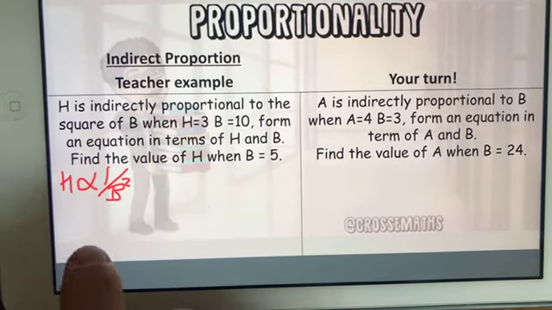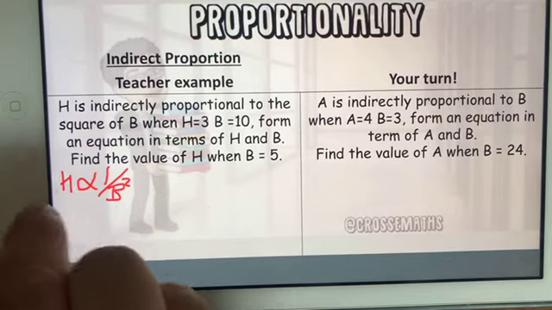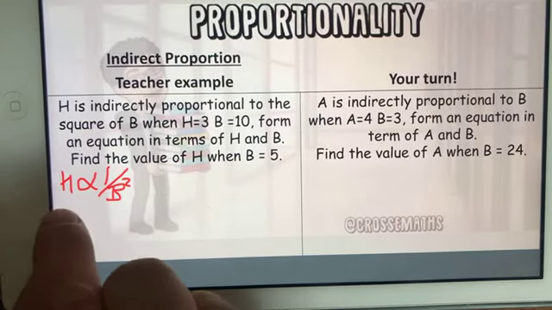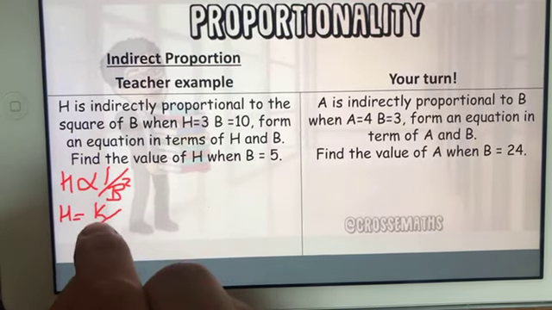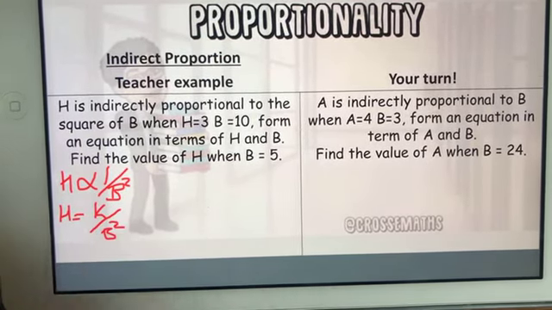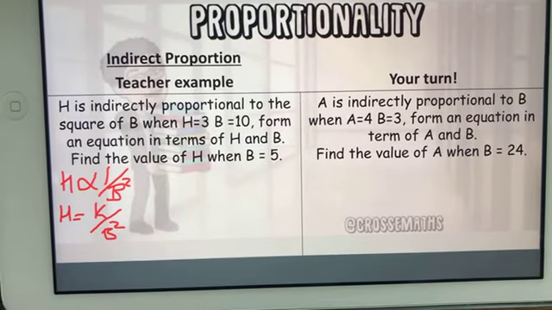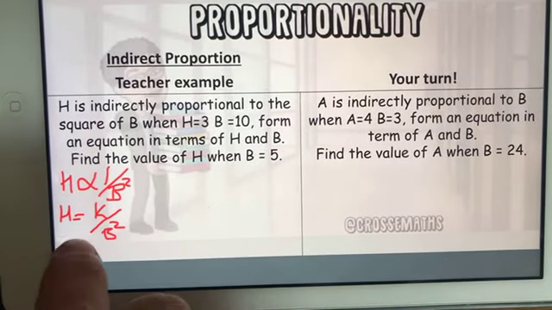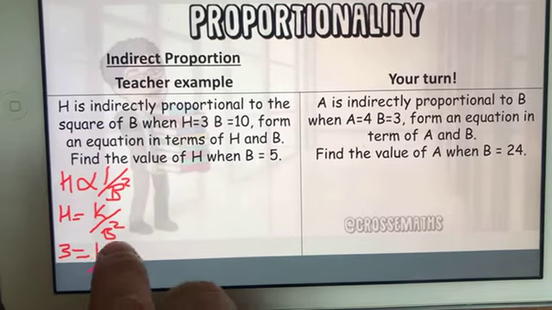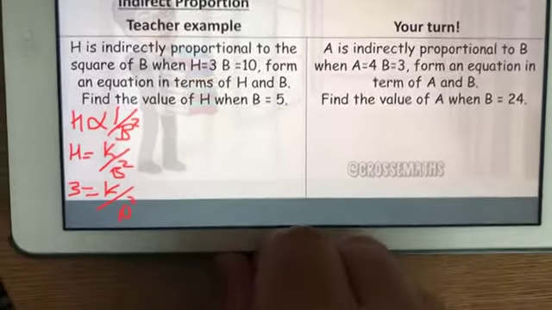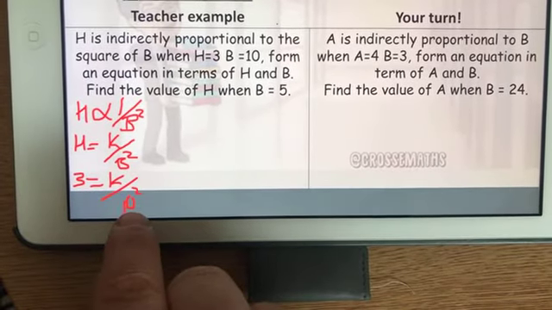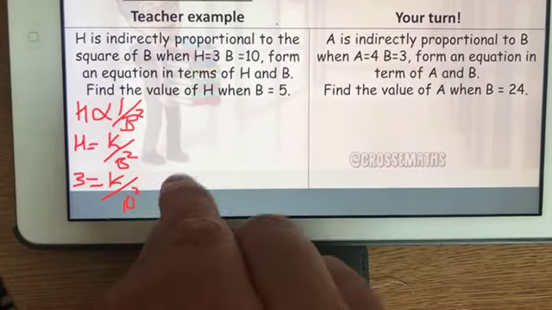Okay, once we're there, we've got to go back to what we did in the last one, which is change the fish sign into an equals k. H equals k over b squared. And we want to find what k is, because that's going to be the constant to help us through the question. When h is 3, b is 10, 3 equals k over 10 squared. 10 squared is 100, times through by 3, k equals 300.